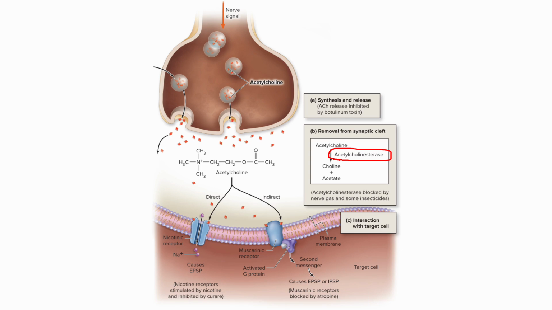Now, as I mentioned previously, neurotransmitters shouldn't hang around, right? They should only be around for a short period of time because we want that to be in response to a stimulus that's occurring. We want to control when we move our muscles, right? We don't want constant muscular movements that we don't want. So the neurotransmitters can be removed in different ways.